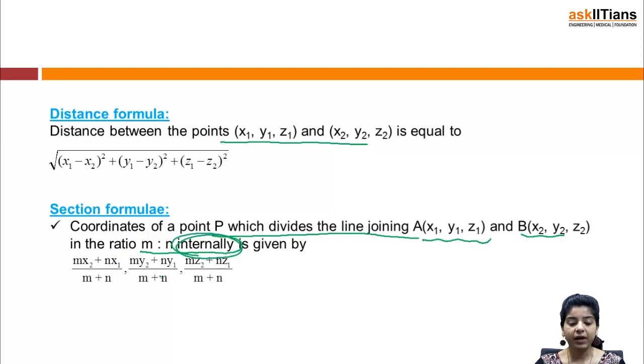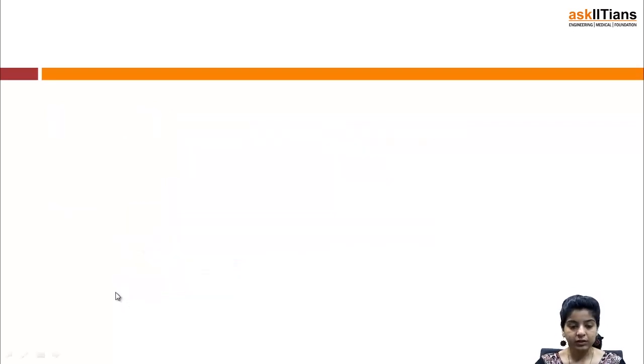Internally is given by (m x2 plus n x1) by (m plus n), (m y2 plus n y1) by (m plus n), and similarly (m z2 plus n z1) by (m plus n). So see, again we have 3 coordinates. This formula is also the same as we had in the earlier case, in case of 2 dimensions.